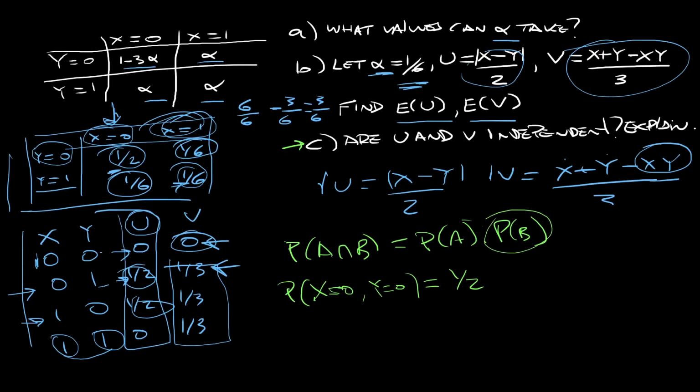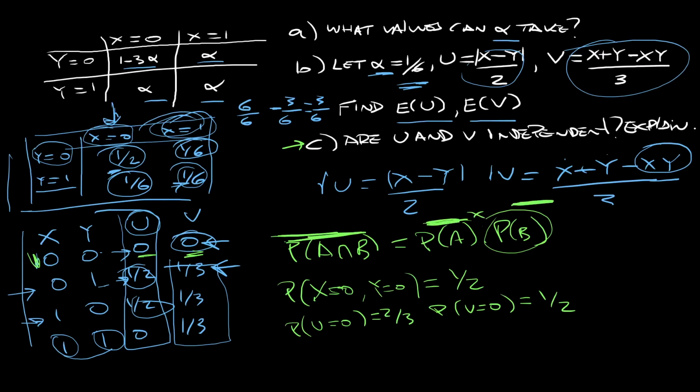And we know from the second table here, as an example, we just found that the probability of U equaling 0 is equal to 2/3, and the probability of V equaling 0 is equal to 1/2. So essentially we are saying two things, this one and this one times this one.